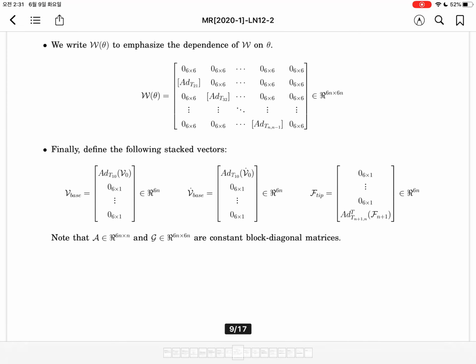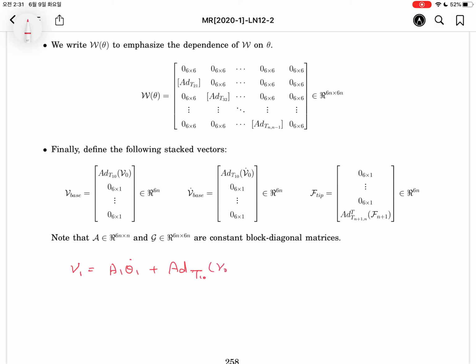Okay. Let me write down the twist equation. Maybe you know the first twist V1 is equal to A1 theta 1 dot plus the other joint T10 V0. Is it right?